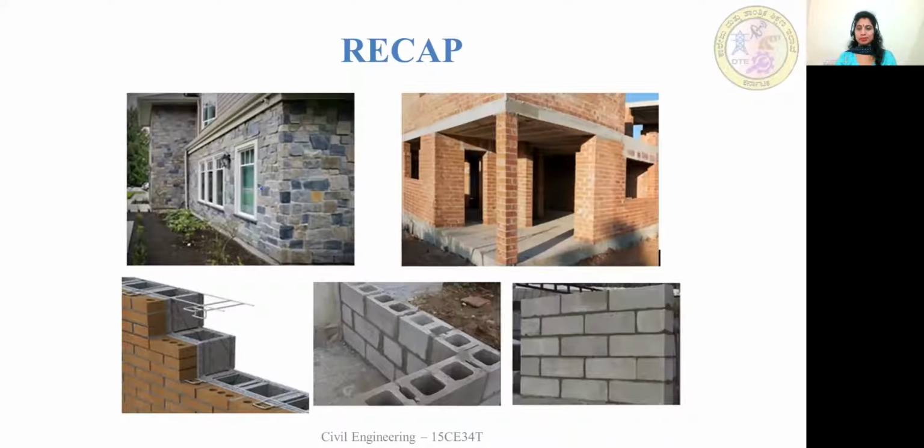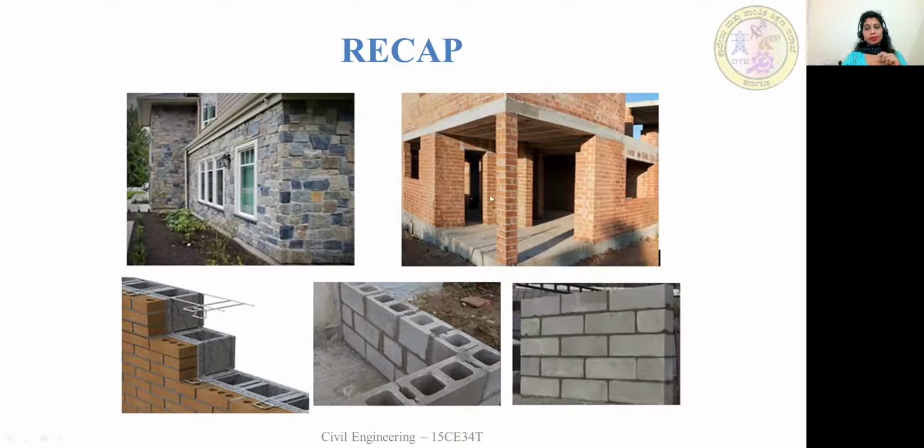Let's have a brief discussion about the terms and definitions of the previous class. We have seen the different types of masonry. The first picture shows a stone masonry wall. If stones are used as the building material in the construction of masonry, then we call it stone masonry.